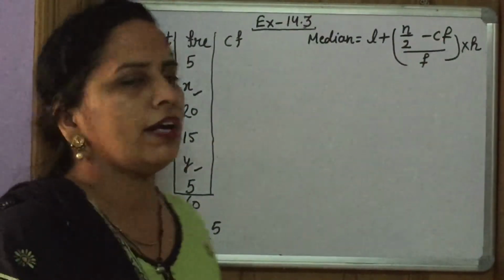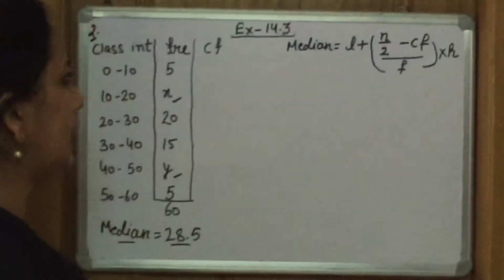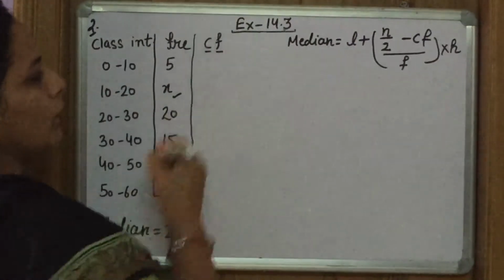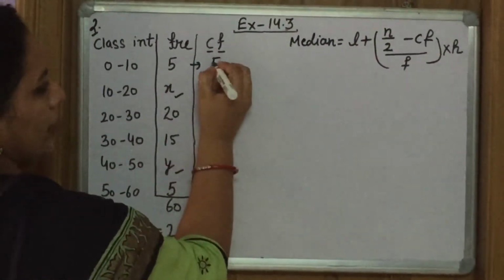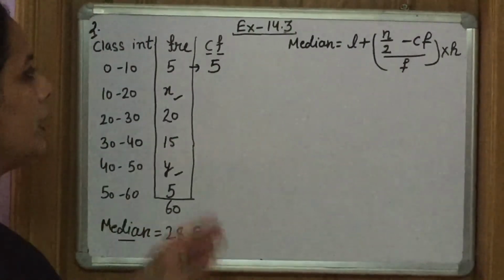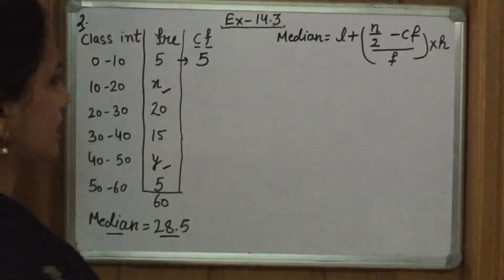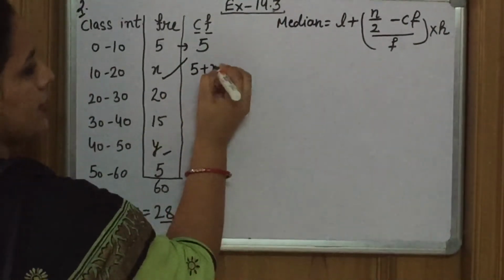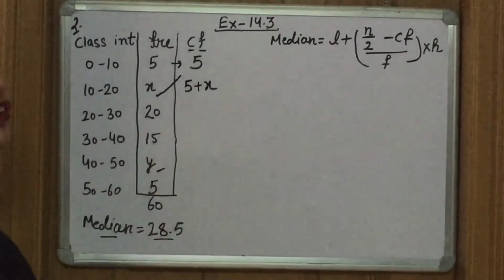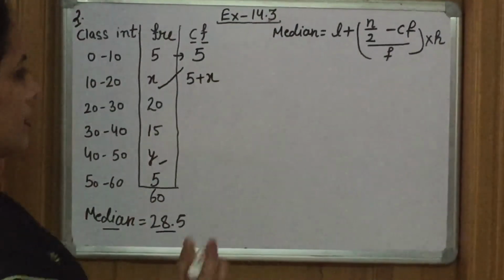First of all you have to make a new column, that is CF, cumulative frequency. Let's start to obtain the column CF. First of all, write the first term as it is. After that, add the terms of frequency in a systematic way. Next term will be 5 plus x.